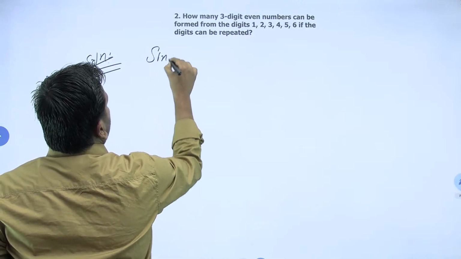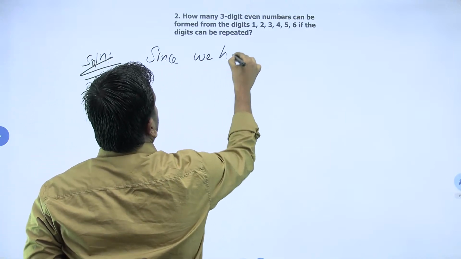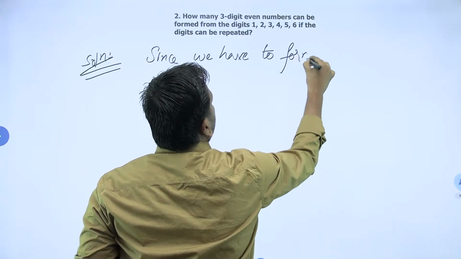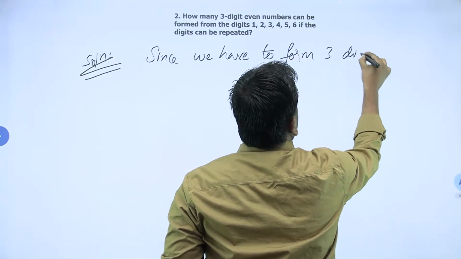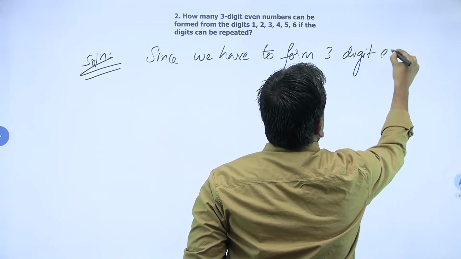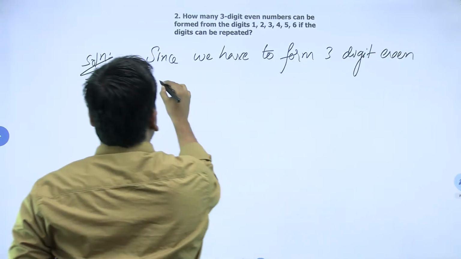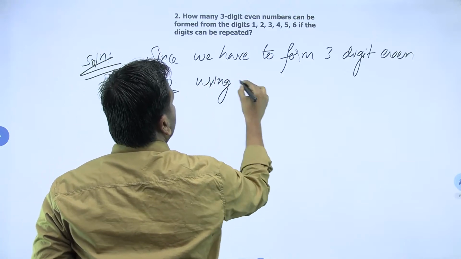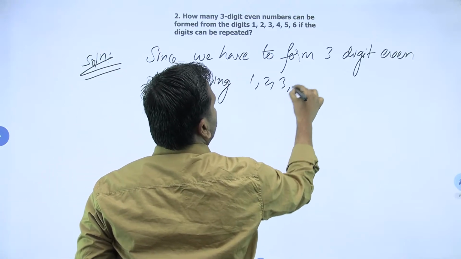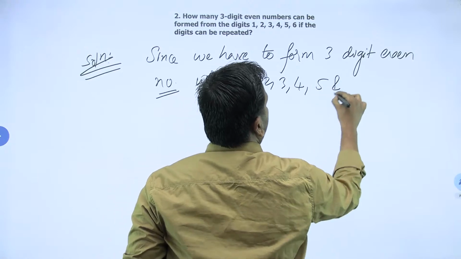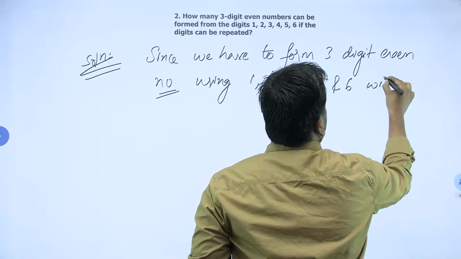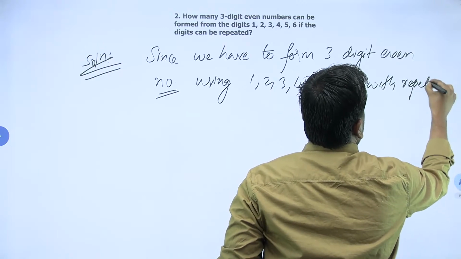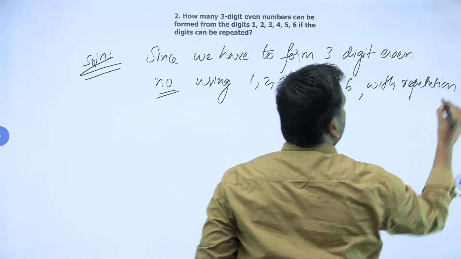Since we have to form a 3-digit even number using 1, 2, 3, 4, 5 and 6, with repetition.